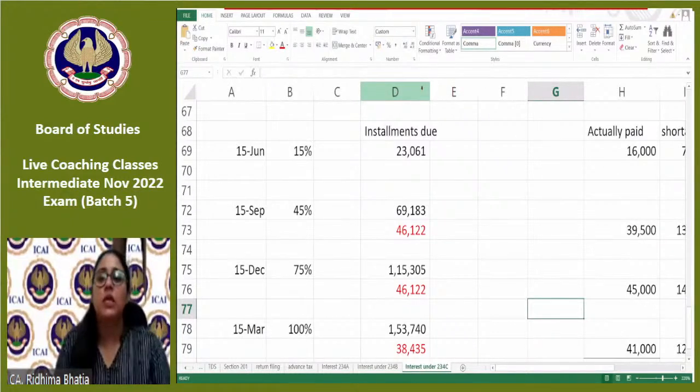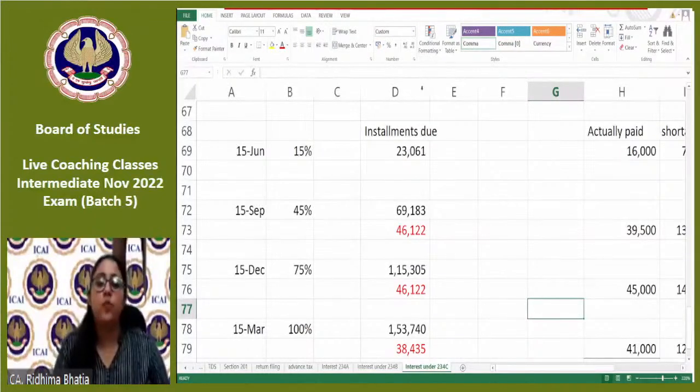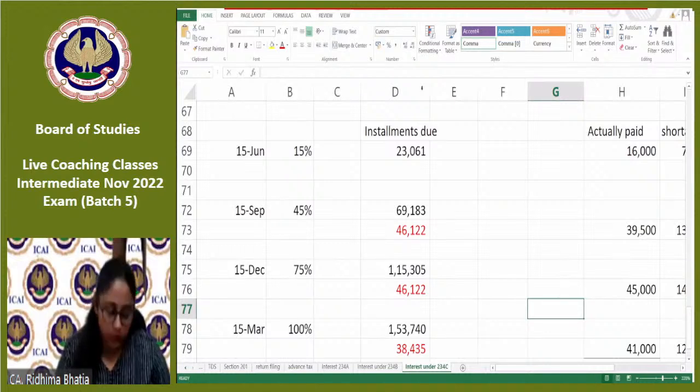Everyone honestly calculated. Actual इधर है, should-be case इधर है. What is the 234B? 234C. 234C.